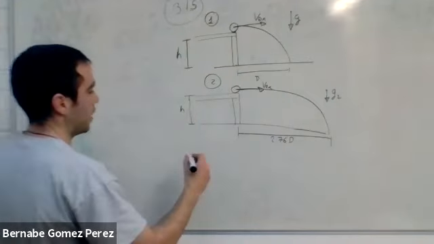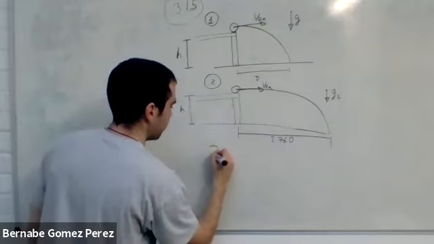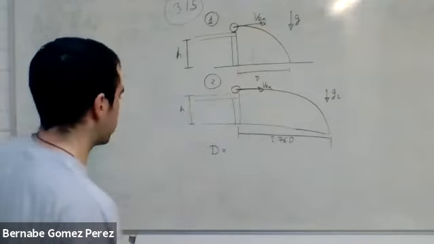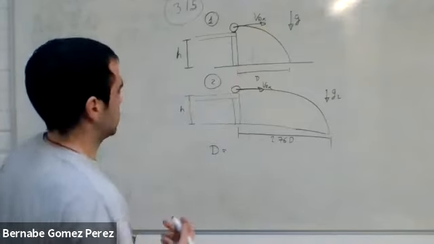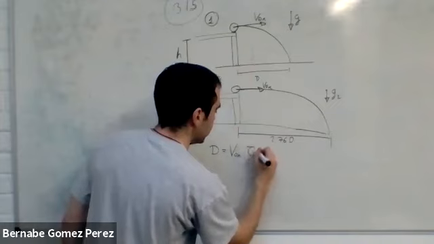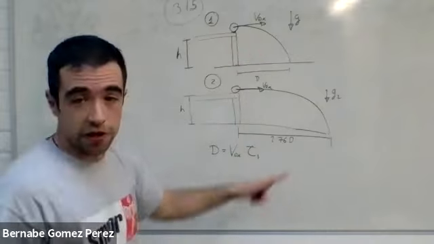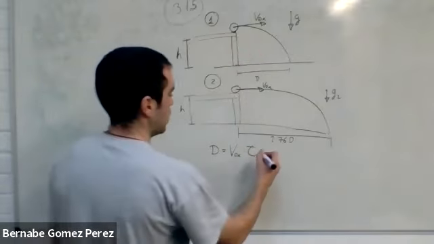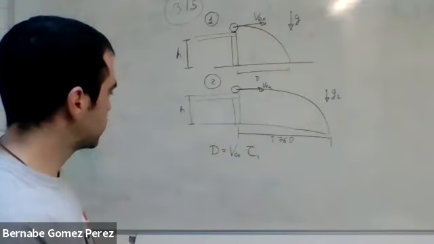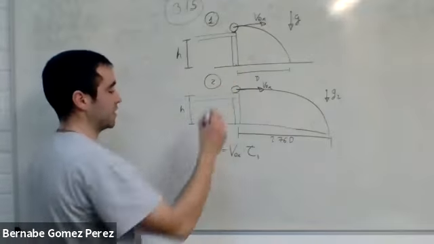Okay, so the x displacement d is gonna be equal to initial position, in both is 0, plus V0x multiplying T1. T1 is gonna be the time that this ball takes to reach the floor, okay? But we don't have acceleration in the x direction, okay? So this is the equation for the x displacement of the first case.